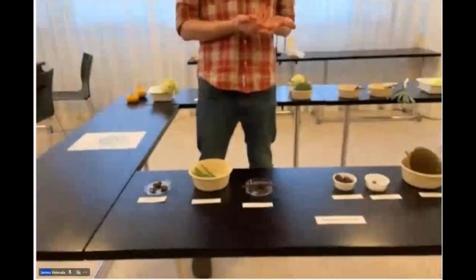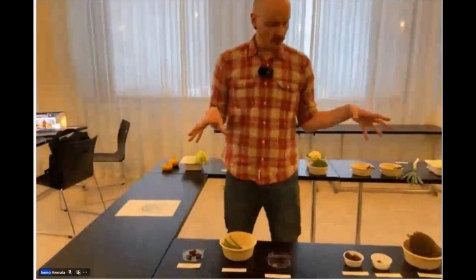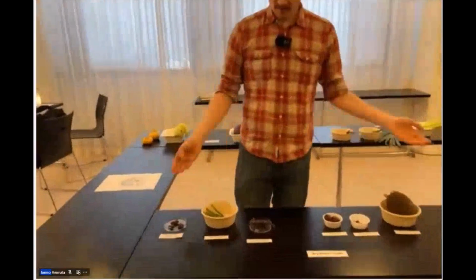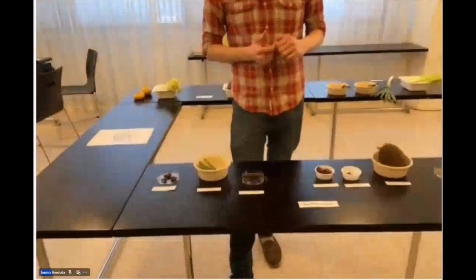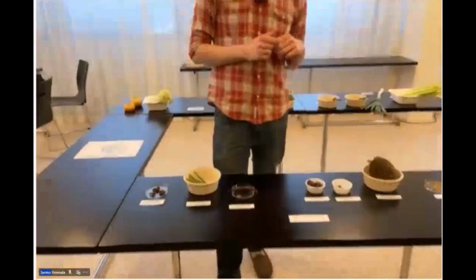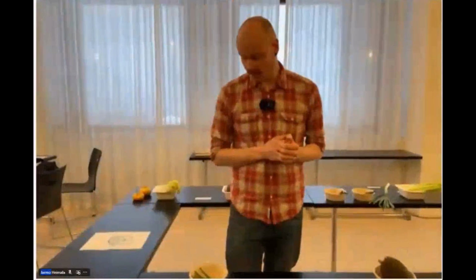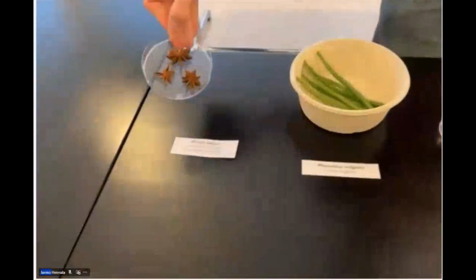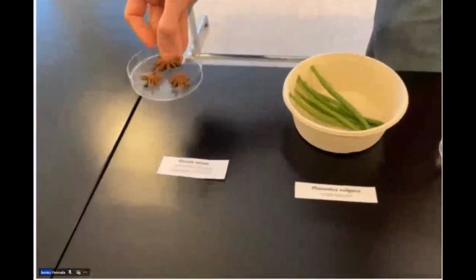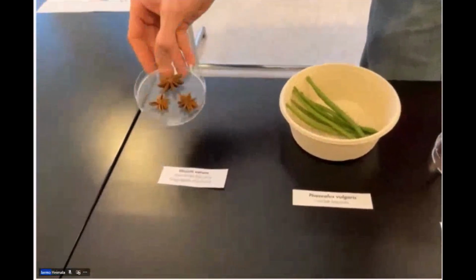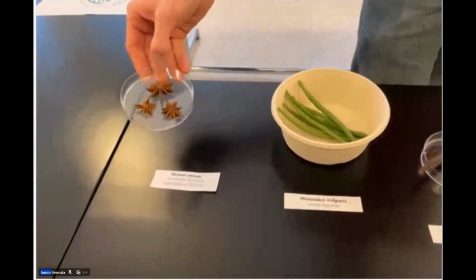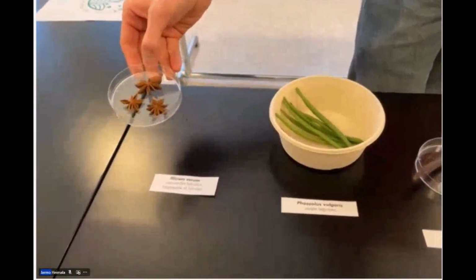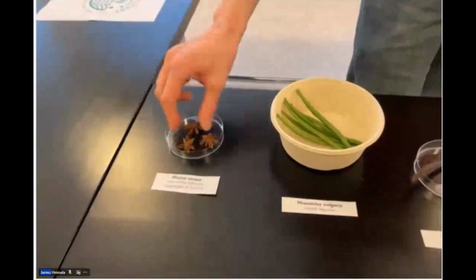Here we have 2 tables of different kinds of fruits. First, dry fruits. As you can see, they are quite dry, or at least supposed to be dry. Here are follicles, or capsule-like follicetums, of star aniseed.